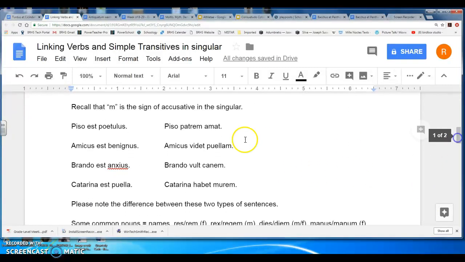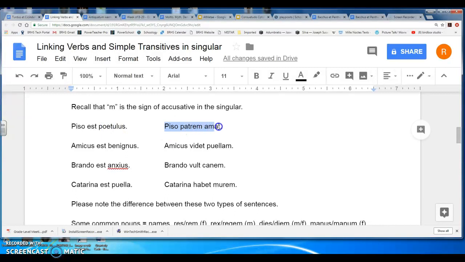Another tip here would be to remember that M is the sign of the accusative in the singular for most of our declensions of nouns. On the left column we have simple linking structures, like Piso poeta est, Piso is a poet, a little poet, nominative equal sign nominative.